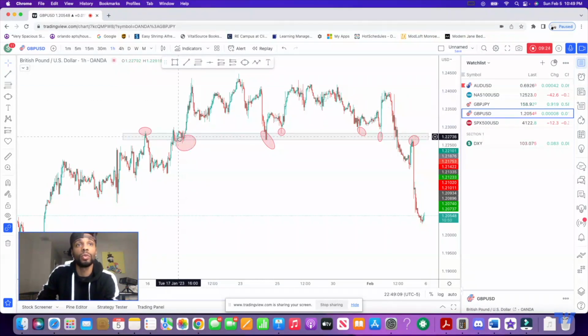So at that point, once that has happened, price has now become support, right? So this would be resistance, this would be resistance, this would become support, support, support, support. Price has broken through that zone and it is now resistance again, right?